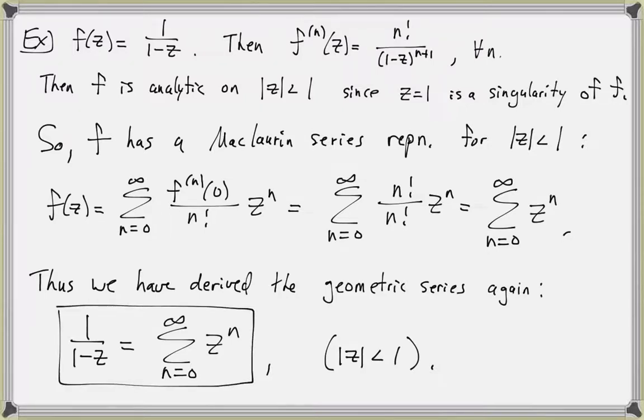Before, when we derived this expression, we started with the series and found the limit of the nth partial sums, and we found the formula 1 over 1 minus z. Now we are starting with the function 1 over 1 minus z and using the Maclaurin series to represent this as an infinite power series.